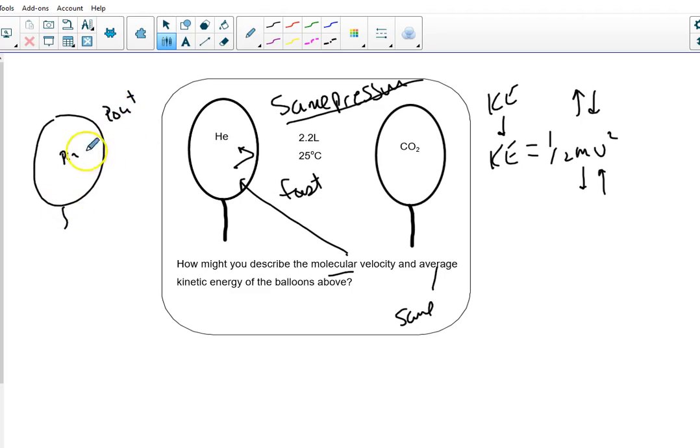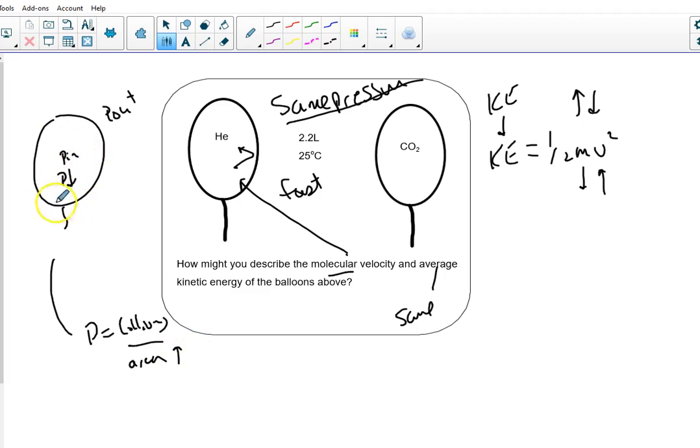Some might say that the inside's bigger than the outside because it pushes the balloon out. But in reality, when we think of kinetic molecular theory, pressure equals collisions per area. So when I expand the balloon, the area increases. And therefore, my pressure inside my balloon drops as the balloon expands.